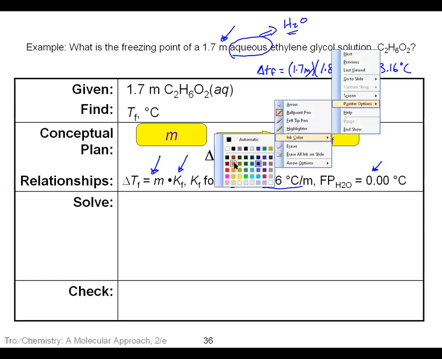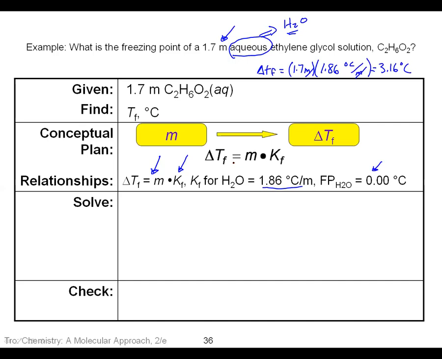A reminder: if you solve for delta Tf, that is not the freezing point temperature of the solution. That is the change in freezing point temperature for this solution. And if you remember, the change in freezing point temperature, because it's a depression, is the temperature of the pure solvent minus the temperature of the solution.